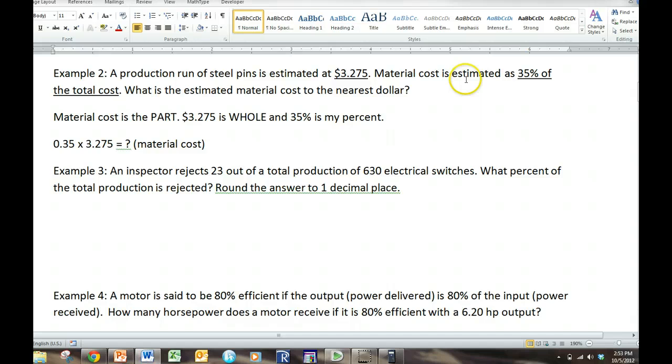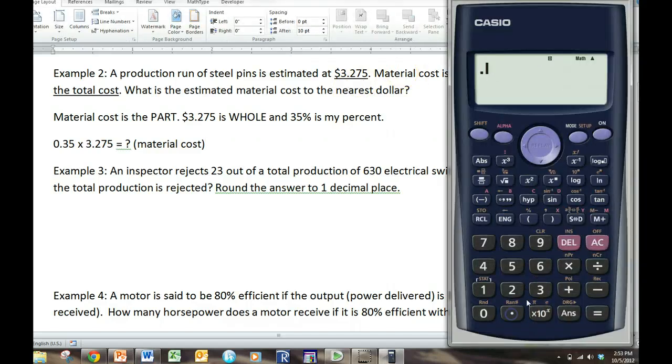Okay, so now we're going to use the calculator on this. I type 0.35 times 3.275, and I hit equals, and I change it to a decimal, and it's 1.14625.